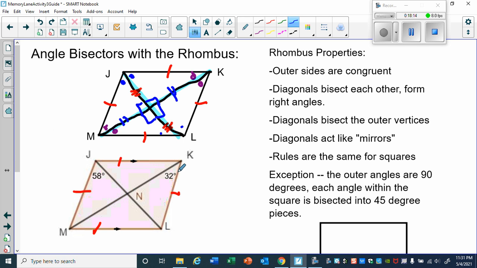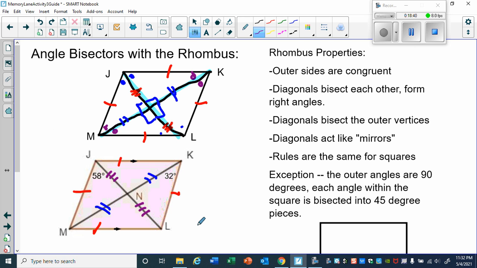Since we have a rhombus, four sides are congruent. Diagonals will also be bisected, so they're two smaller segments, split right down the middle.